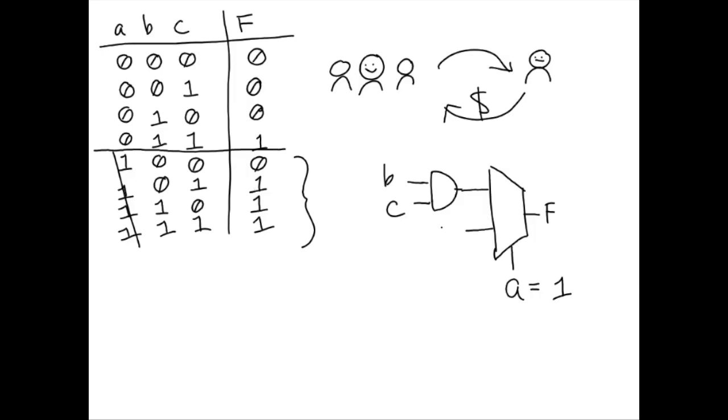That is an OR gate, so how about we put one of these right here with inputs B and C. So if A equals 1, we'll select this line, and then when B and C are 0, we'll get an output of 0. Or if either B or C is equal to 1, we'll get an output of 1.